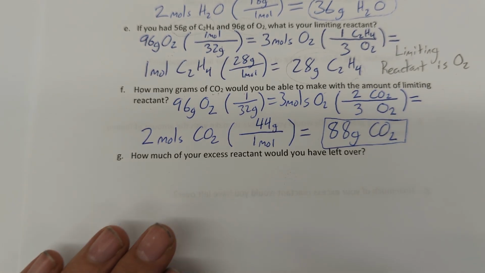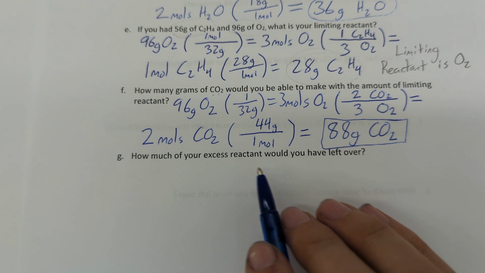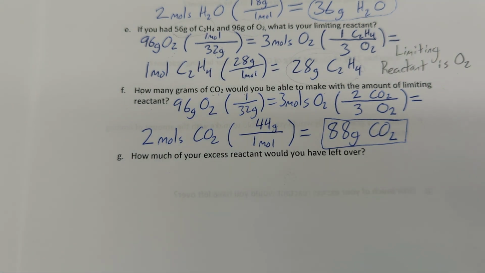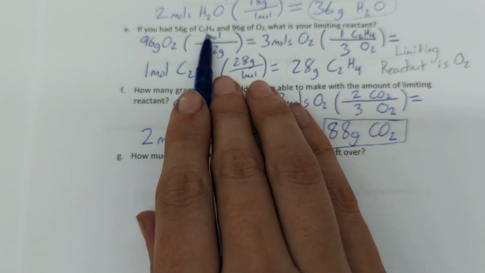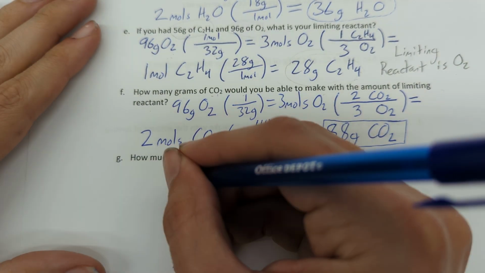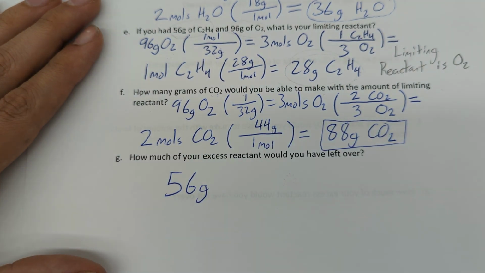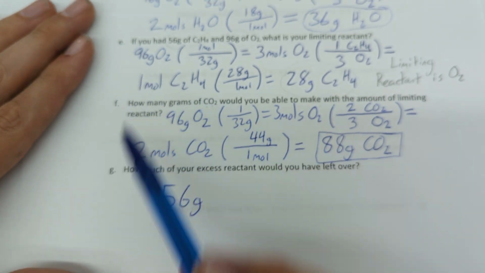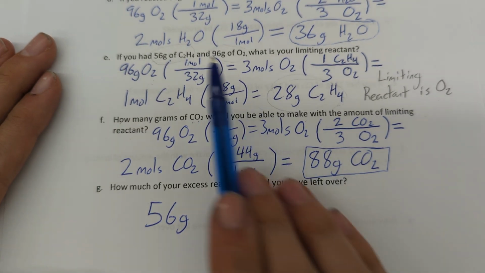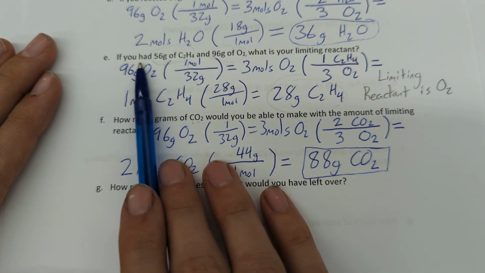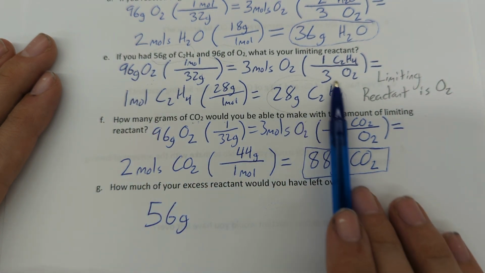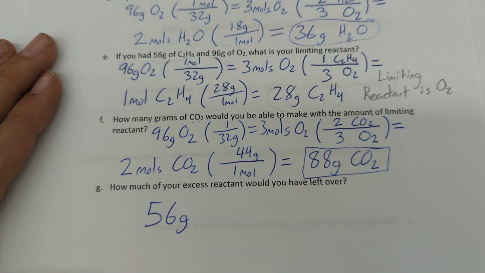So this last question, how much of your excess reactant would you have left over? We got really lucky there. So our excess reactant is C2H4. So we know we started with 56 grams. And we know if we used all of our oxygen, we would have used 28 grams of C2H4.